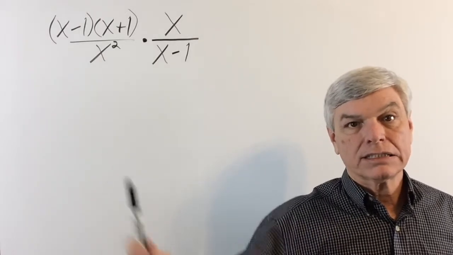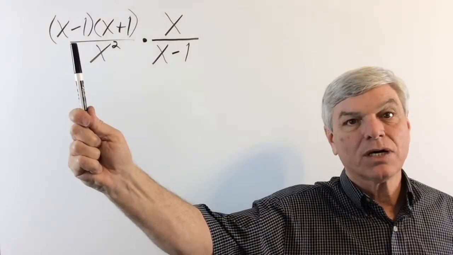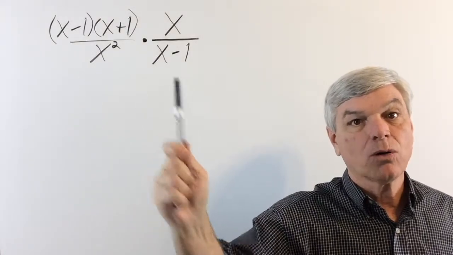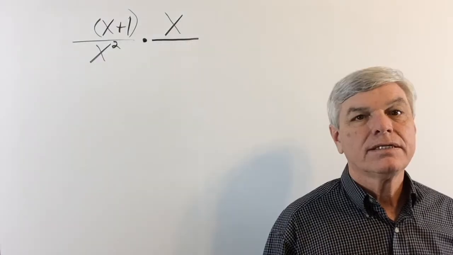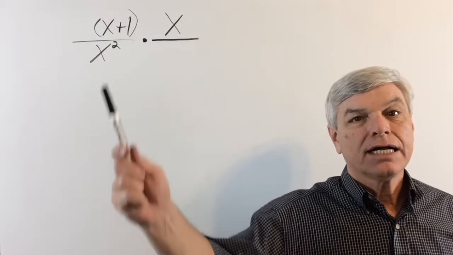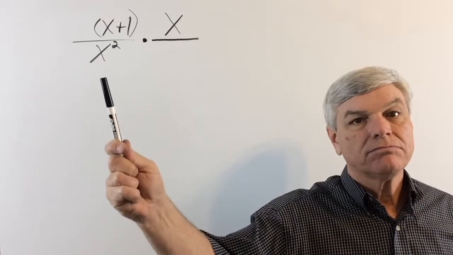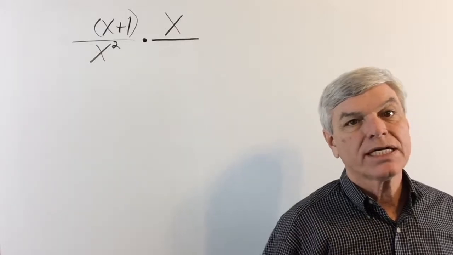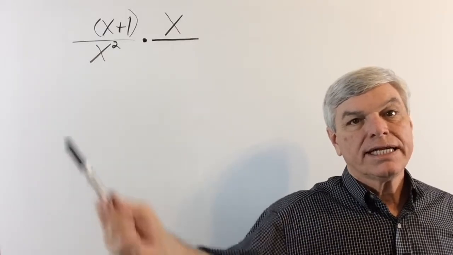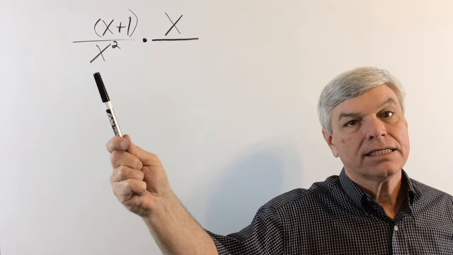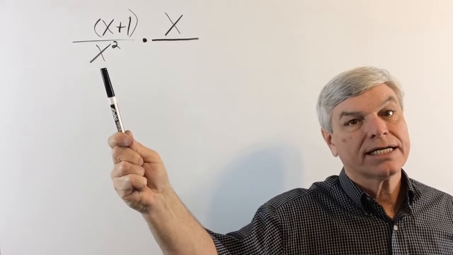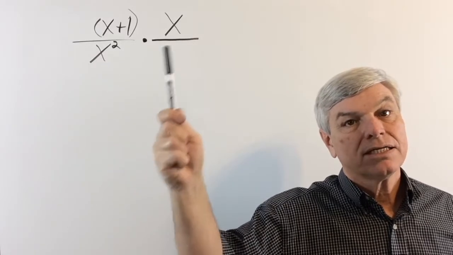So again, let's start way over here. X minus 1. Do we have an x minus 1 below? Oh, yes, we do. Okay, next, x plus 1. No, we don't have an x plus 1 down here. Next, x. Yeah, we have two x's down here. We have x times x.